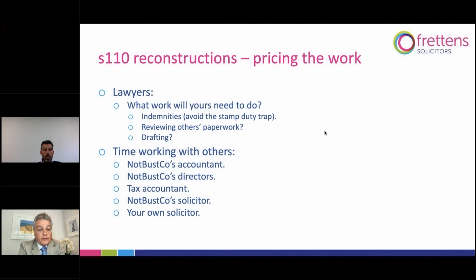You're also going to have to be liaising with the company's accountant, perhaps a bit more than you normally would, probably with the tax accountant, almost certainly with the company's solicitor, and also your own solicitor. So there's quite a lot more work involved there, in terms of simply just the project management and organisation itself.